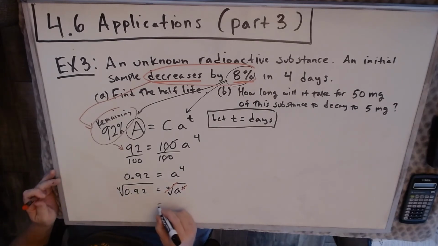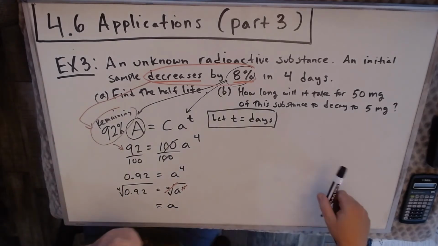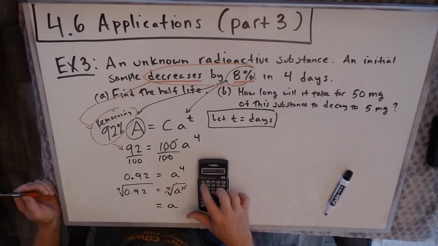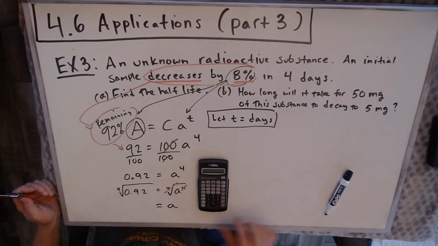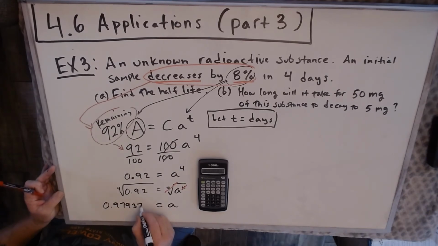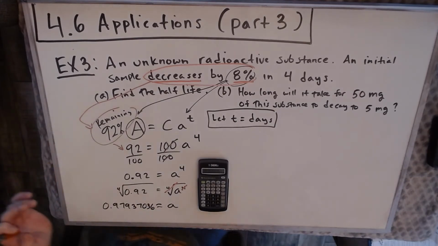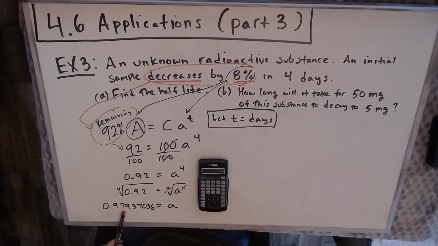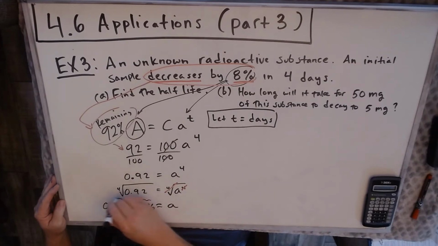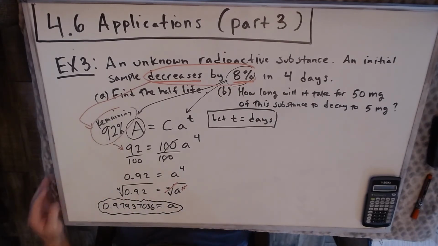So we get our A is approximately the 4th root of 0.92, which is 0.9793736. Okay, good. So that's our algebraic base.